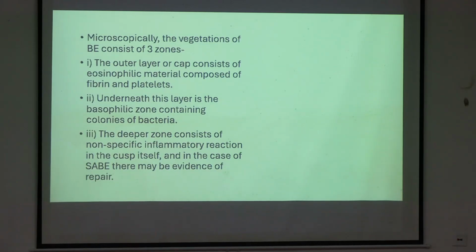Then the third layer, that is the deeper layer, consists of non-specific inflammatory reactions in the cusps itself, and in case of subacute there may be evidence of repair too, okay, because it is subacute there can be repair also happening. So the first layer will be of eosinophilic material, second layer there will be full of bacteria, and the third layer will be non-specific inflammatory reactions, okay.